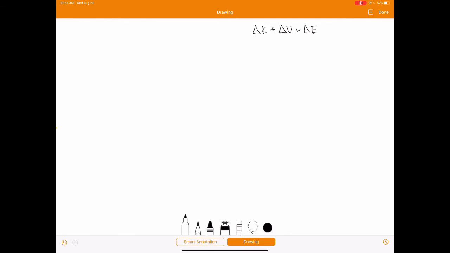Delta K plus delta U plus delta E internal equals work external plus Q. All right, so we already said that we can cancel out delta K and delta U because there's no macroscopic motion in this system. And also, let's take a closer look at the work. What does work external mean? Well, this is the work done by the environment.